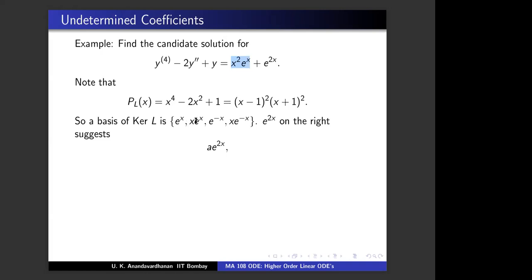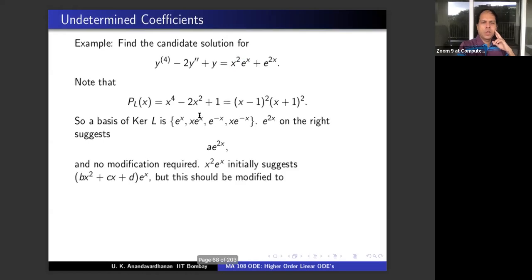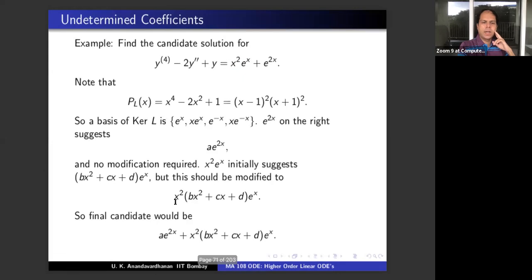Yes, multiply by x square. So no modification required for e power 2x, but for this one, you have to modify by x square because e power x and x e power x are coming. So that's the method, and the final candidate will be this.